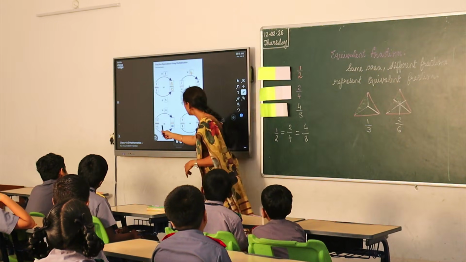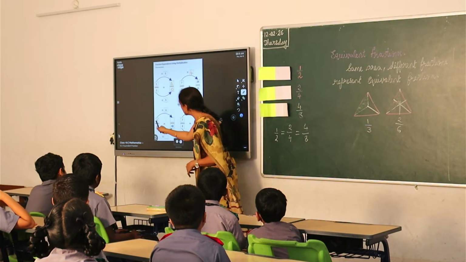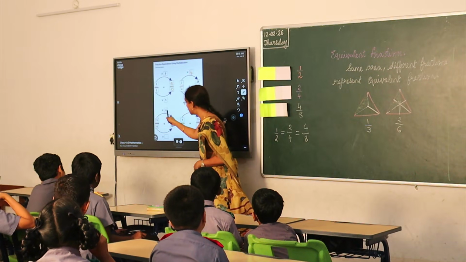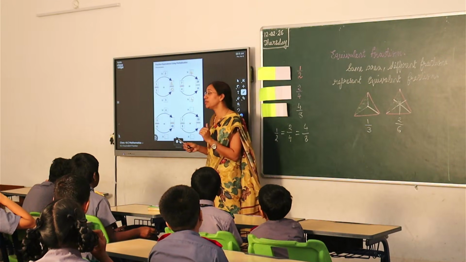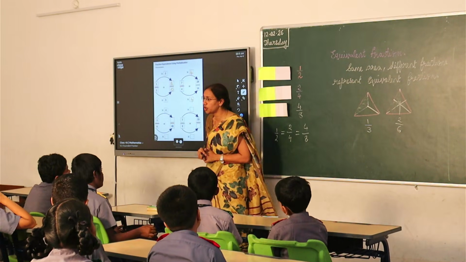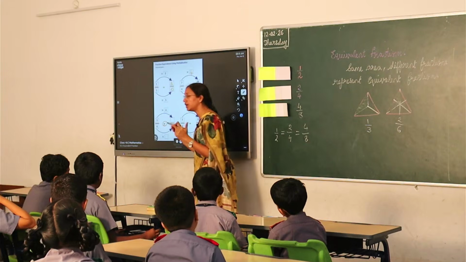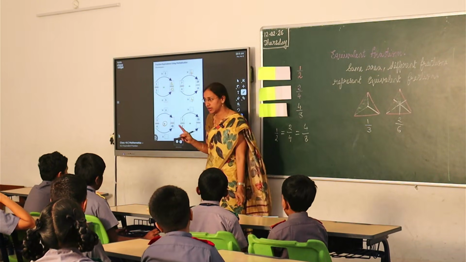Okay. Now, see the third one. Here, one fraction is 3 by 8. Numerator is multiplied by 6. Denominator he didn't give. With which number to be multiplied? The denominator also. Why? Because he kept the equal symbol here, which means both the fractions are equal.